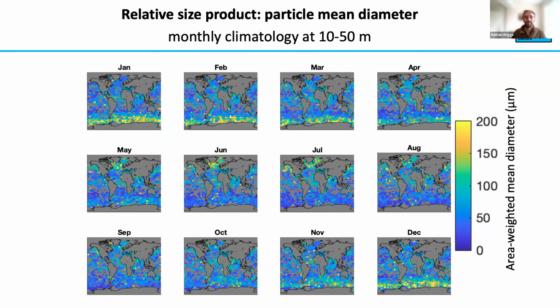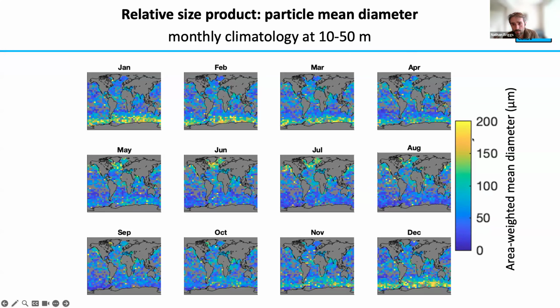Related to these concentrations of different sizes, we can also look at the data a different way and get a sort of average size and see when the ratio of large to small particles changes throughout the year. Again, we can see at the high latitudes in the productive seasons, not only are there more large particles, but the average particle size is bigger.